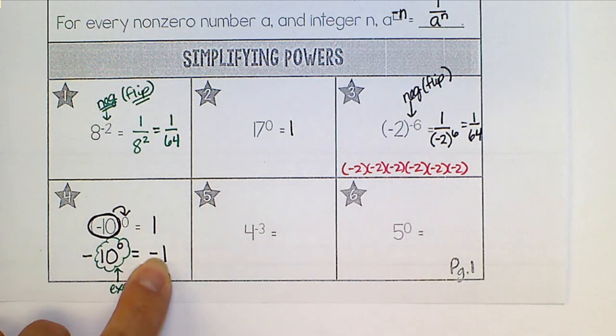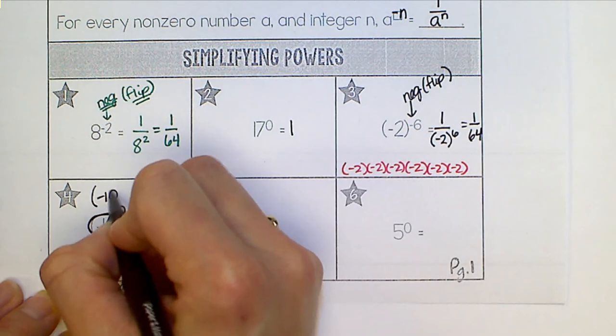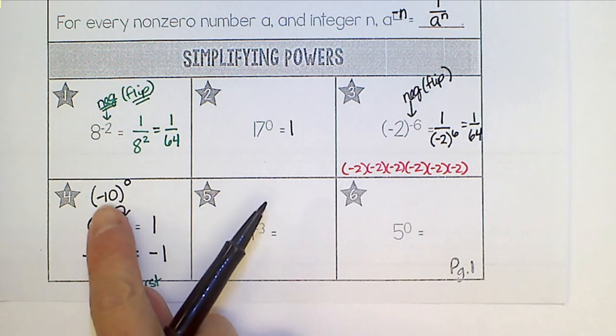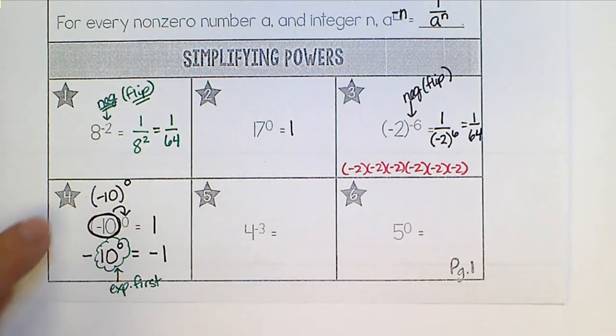You do multiplication second. When it was in parentheses, parentheses come first, so that negative is included with the 10, so that whole thing to the 0 is positive 1. Just make sure you know the difference between if there are parentheses and if there aren't.